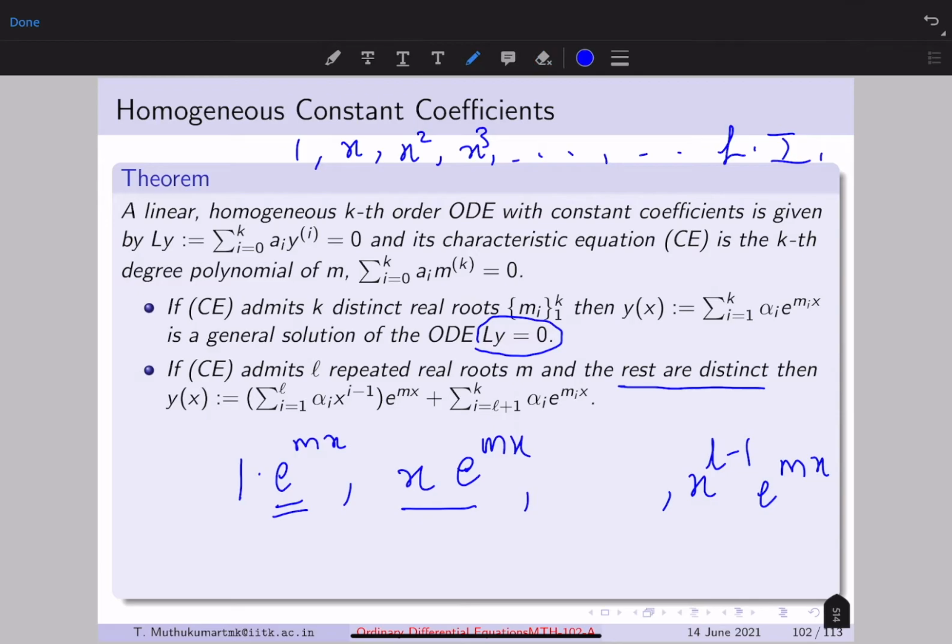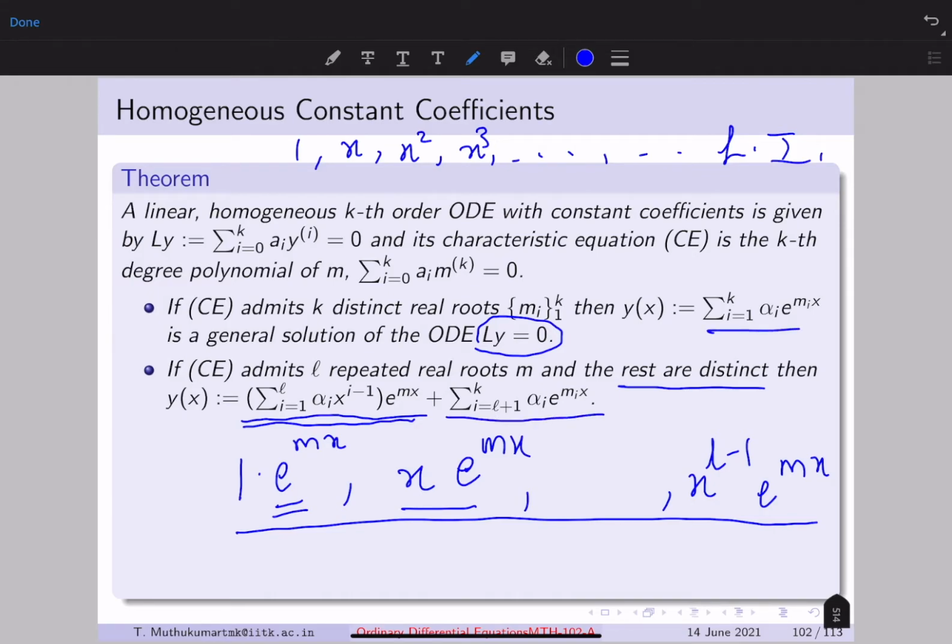So you see, that's what we have done here. This first part is a linear combination of these L elements, right? So you have L elements here, and these L elements give you one linear combination. The remaining k minus L elements come from the distinct roots, the way we have done here.